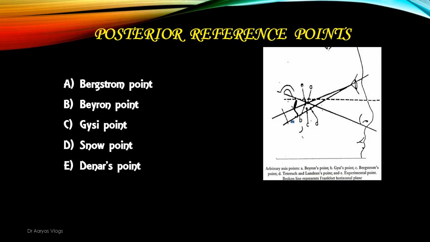Selection of 3 points in space defines which plane will be termed the reference plane while fabricating a prosthesis. The various reference points are Bergstrom point, Bayern point, Geisy point, Snow point, Dinar point, and other points, which we'll discuss later.